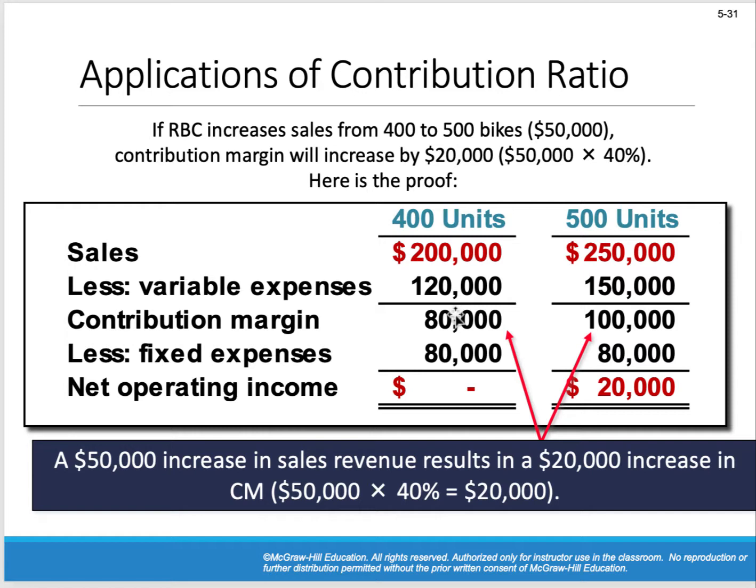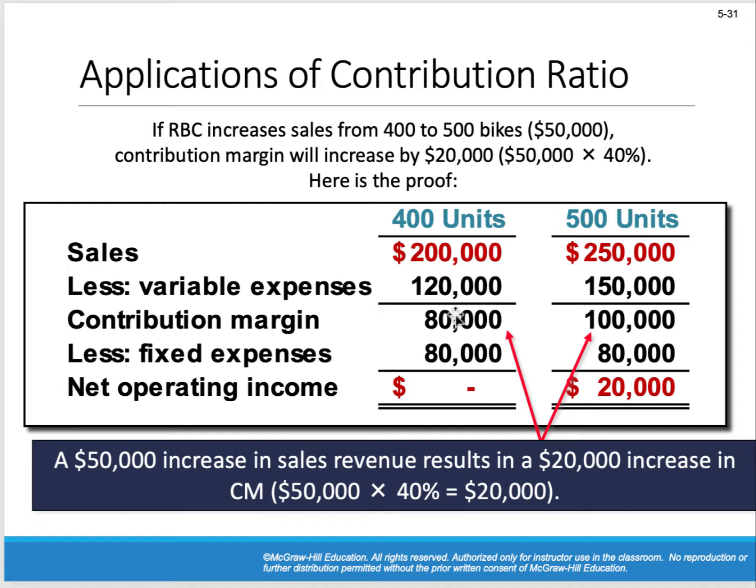So let's look at another example of how important that contribution margin ratio is. If RBC increases sales from 400 bikes to 500 bikes, the increase in the contribution margin is $20,000. How did we figure that out?